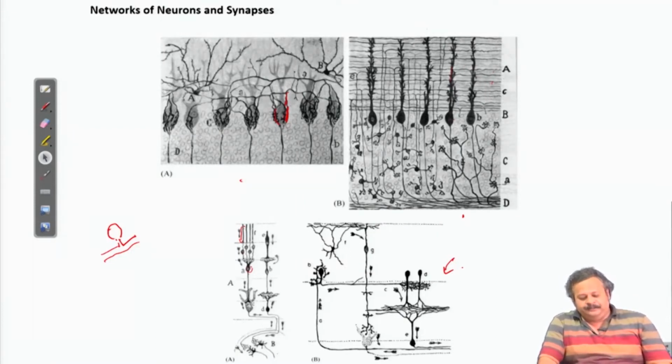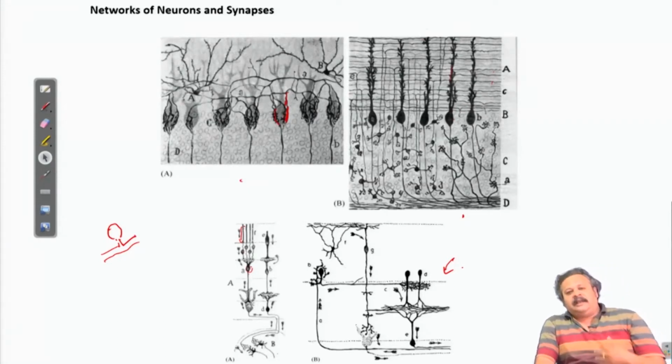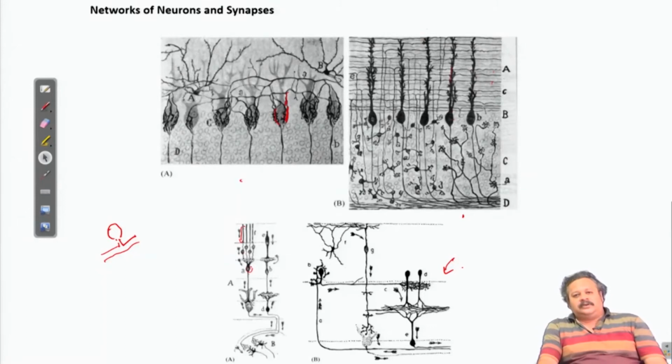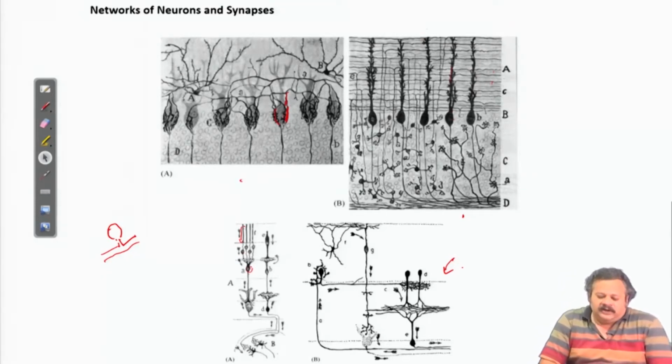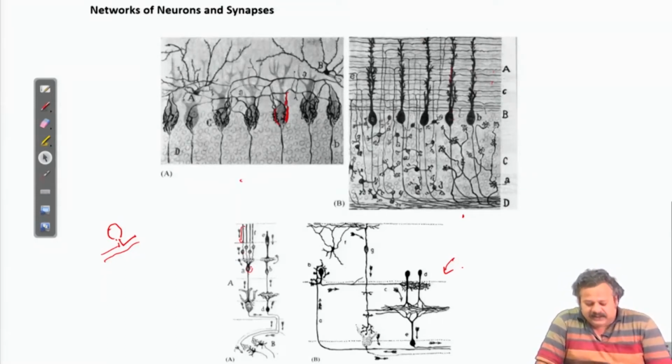How the networks are formed during development, how the networks are changing or how they are labile, how they adapt to different situations, that we will take up in the last part of the course, when we discuss synaptic plasticity.